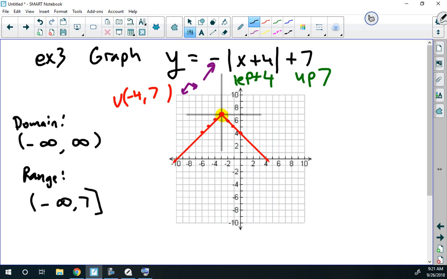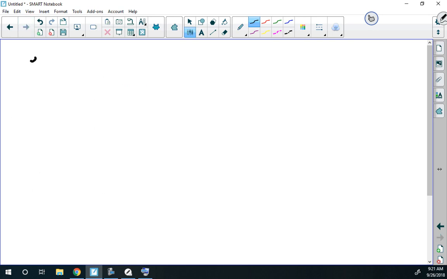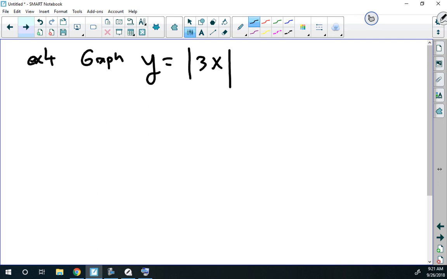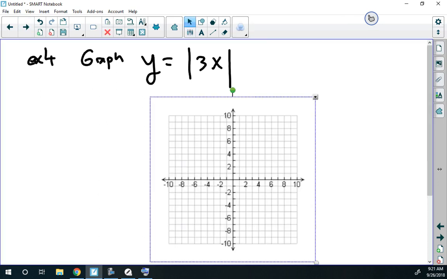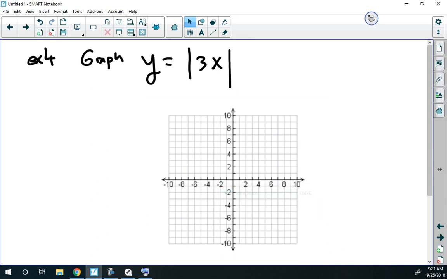So what we're going to do now is try one that's a bit more challenging, but not that much more challenging. Example 4, we're going to graph y equals the absolute value of 3x. I think what people don't understand about math sometimes is what all the different things tell you.